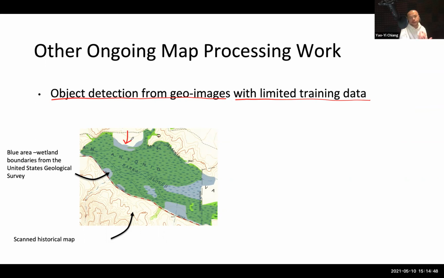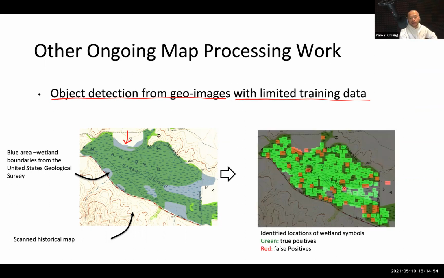It's not accurate, so we want to use the map symbols to refine this boundary. Our work takes the boundary and one or two wetland symbol examples, and we are able to identify all these symbol locations and refine the boundaries. We just submitted this paper to a vision conference.